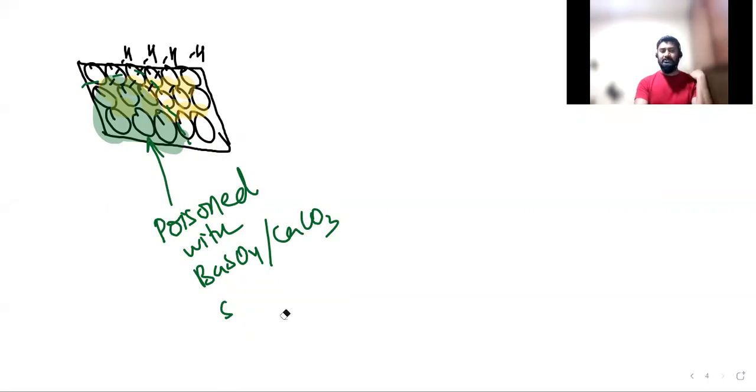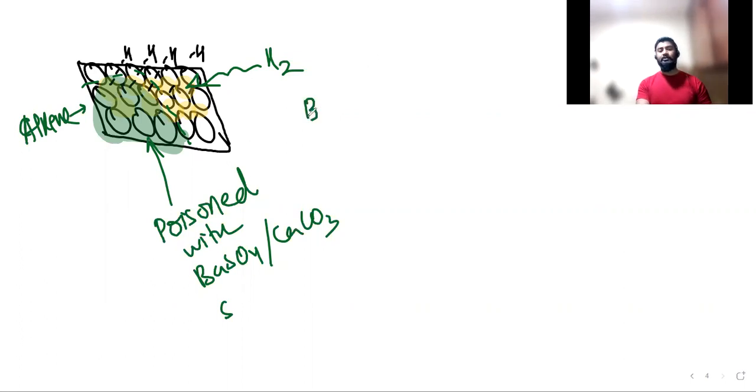And what will this poison do? This poison makes sure that when you pass an alkyne from this side and hydrogen from this side so that they can react with each other, the surface does not provide enough hydrogen to it, right? Previously, if it was providing 100 hydrogen atoms, because of this poisoning, only 50 is available, suppose. So instead of getting an alkane, you'll end up getting an alkene, right?